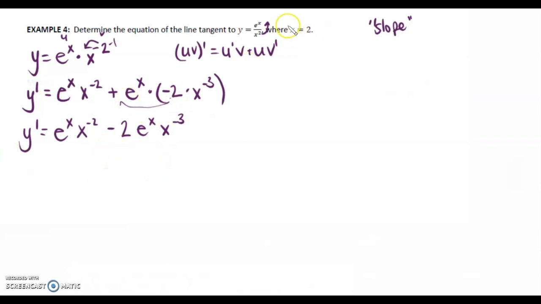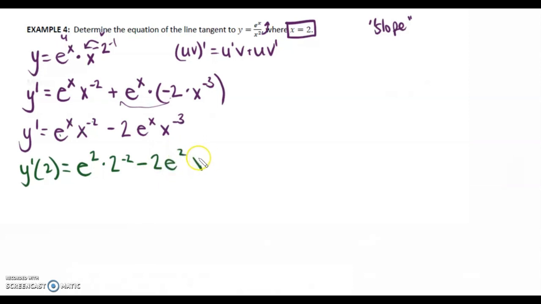Now, if we're solving this when x equals 2, what that means is we're going to sub in y prime at 2. So we're going to sub in 2 everywhere there's an x. So e to the 2 times 2 to the negative 2 minus 2 e to the 2 times 2 to the negative 3.